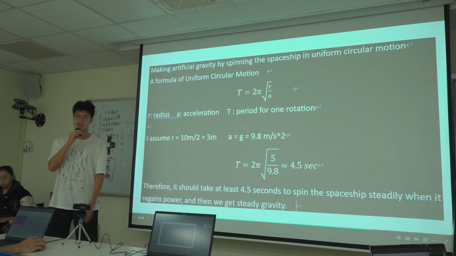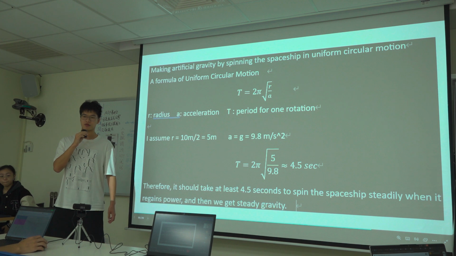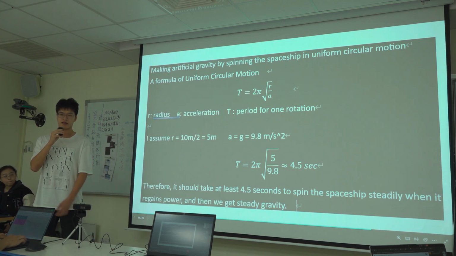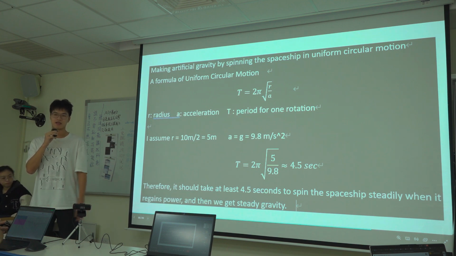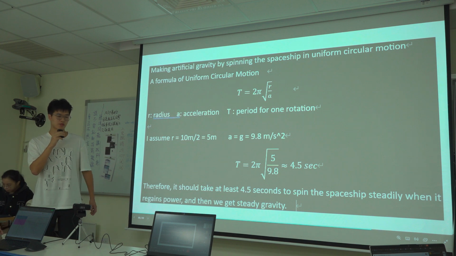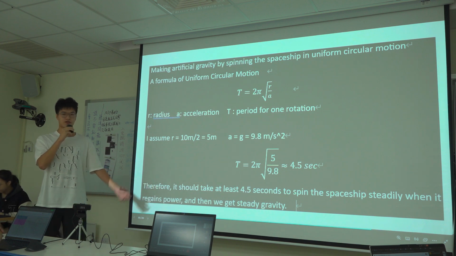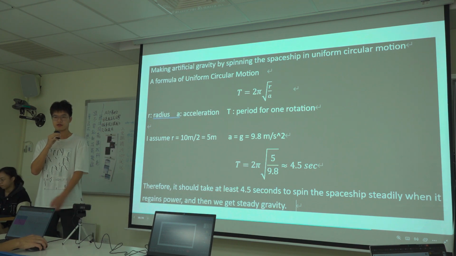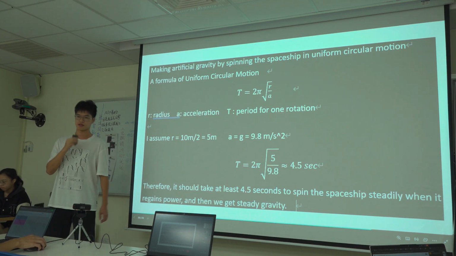But from the movie scene, we can see that when the spaceship regains power, it gets gravity instantly. And this is not right, because we should wait that long to produce gravity. So that's all of my presentation.